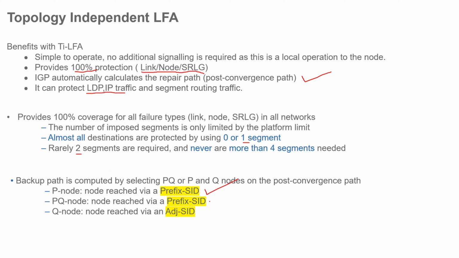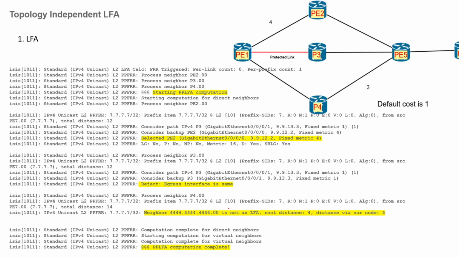It calculates the PQ node. To reach that PQ node it uses the prefix-sid, and to reach the Q node it uses the adjacency-sid. We will see in the coming examples how exactly to use those prefix and adjacency-sids on the node.